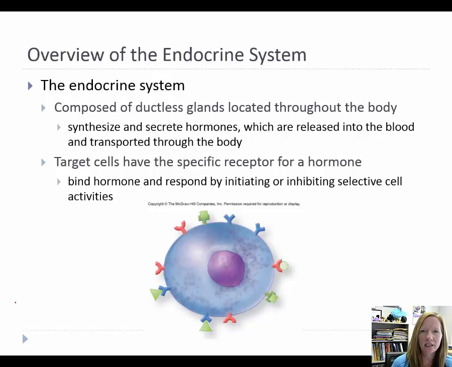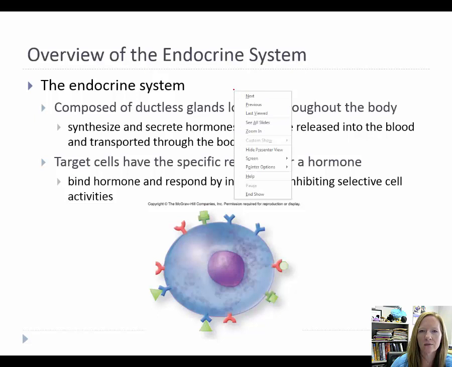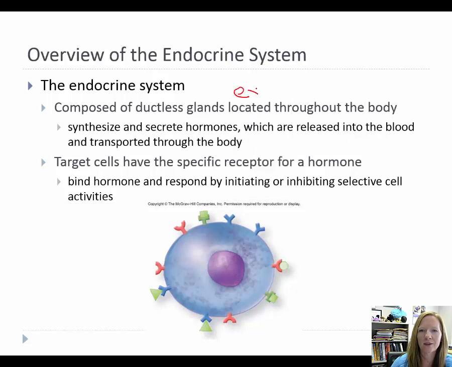So first of all, glands. You should be familiar with glands because you talked about glands in 2401. But the glands you talked about in 2401 were exocrine glands. Basically, a gland is an organ or a composition of cells that secrete a substance.